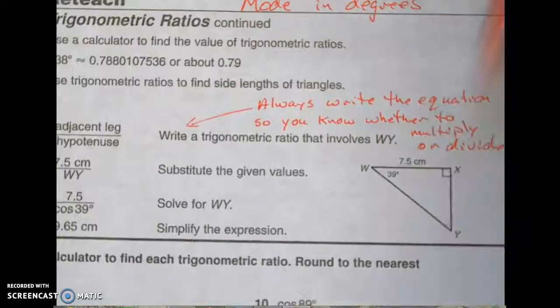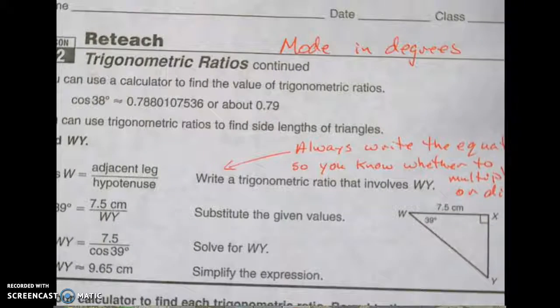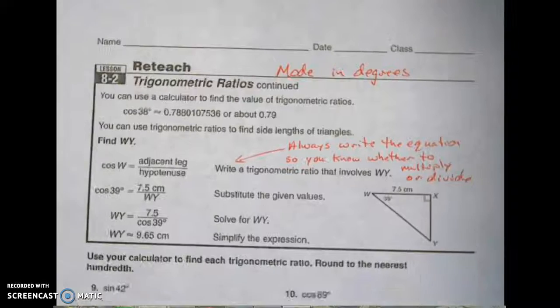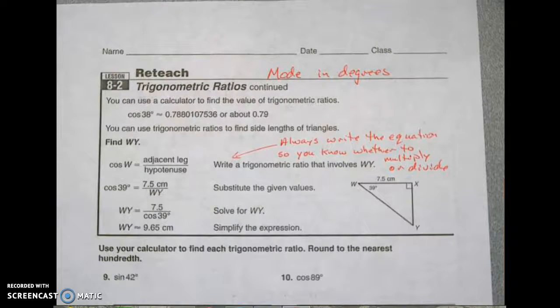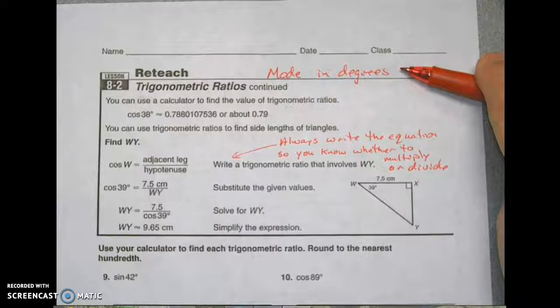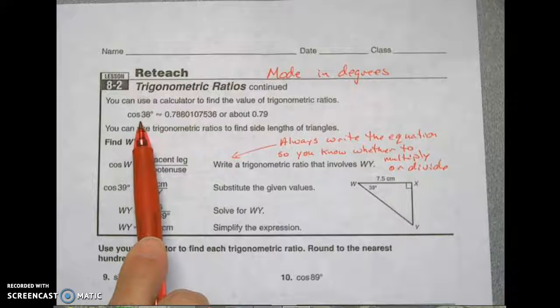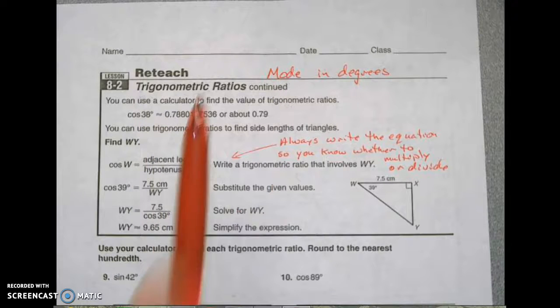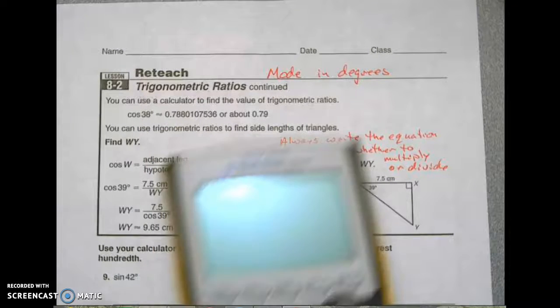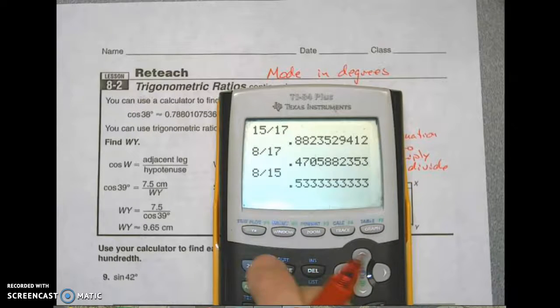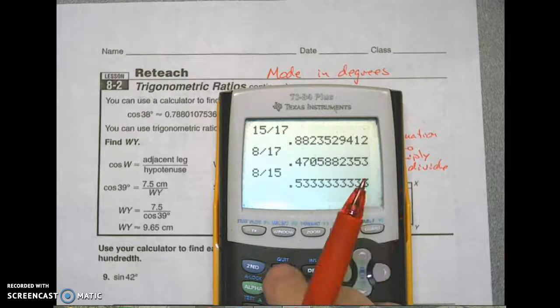On the back side of the reteach, we're actually taking a look at some of these trig ratios. Please make sure that you set the mode of your calculator in degrees, because you can't take the cosine of 38 degrees without having the mode in degrees. So in your calculator, I need to go to the mode function.